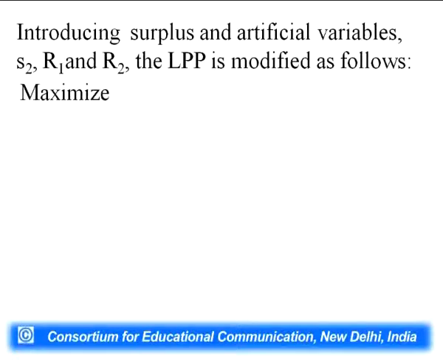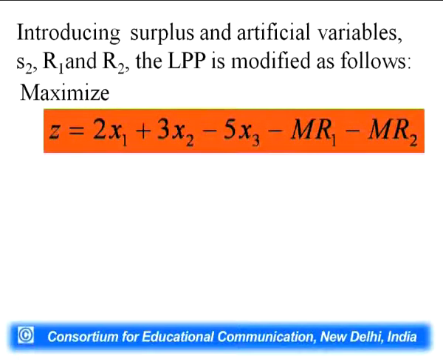And the problem is of maximization nature. So, I have written: maximize Z equal to 2x1 plus 3x2 minus 5x3 minus MR1 minus MR2. R1 and R2 are artificial variables, whereas M is a very big number.